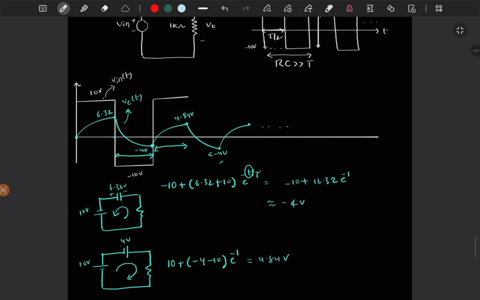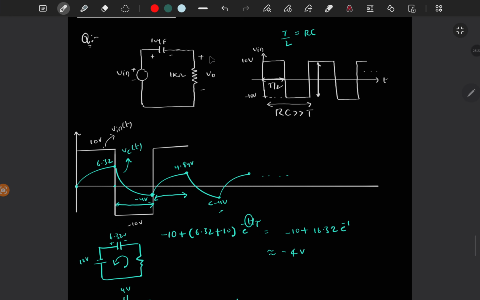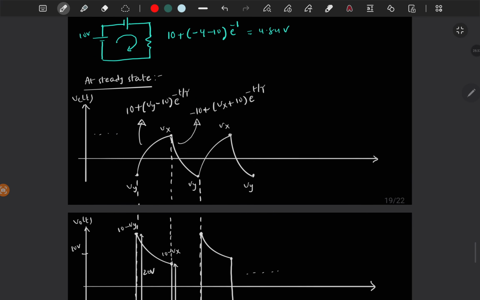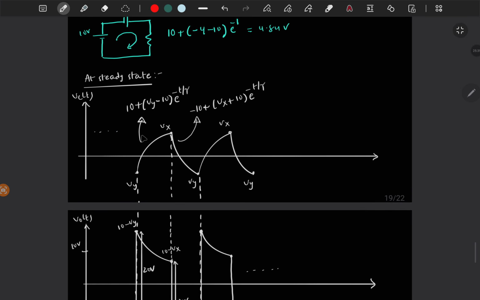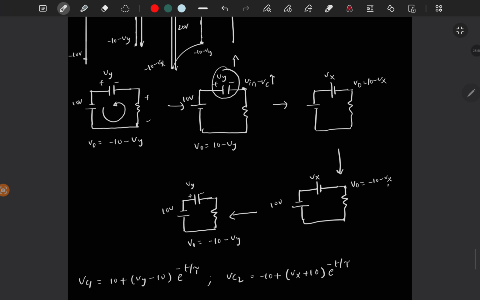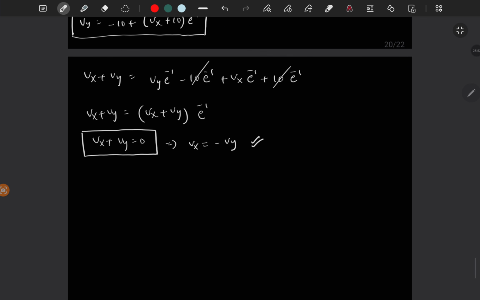It should charge to some voltage, and the capacitor should discharge to the negative voltage of the same magnitude, because the voltage magnitude is the same even in negative polarity. That's why we are getting plus Vx and minus Vy. If it is charged to some 4 volt, then it should have charged to minus 4 volt in the negative direction. That is what we also got from the math.